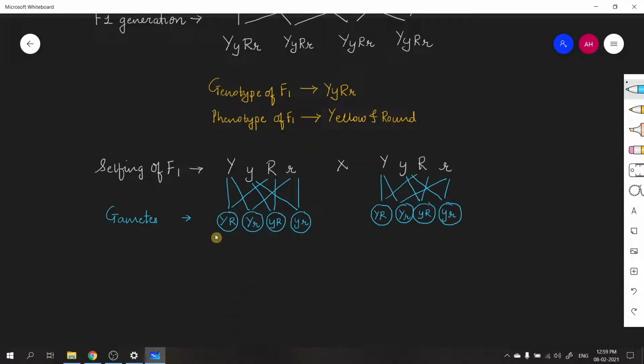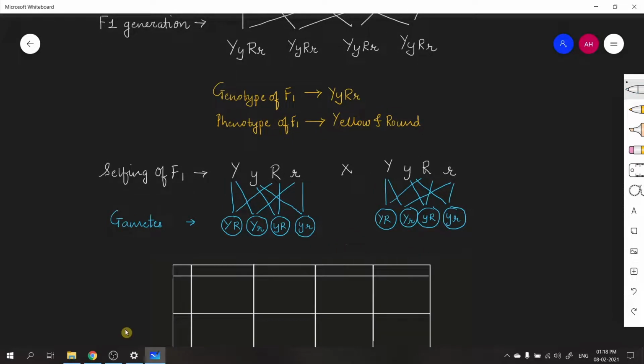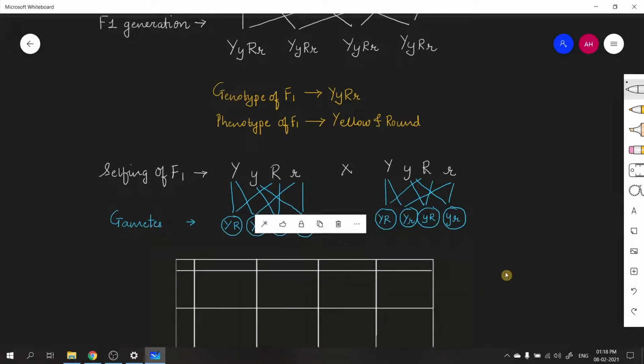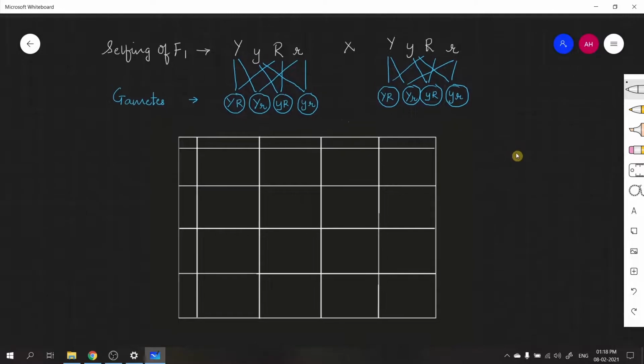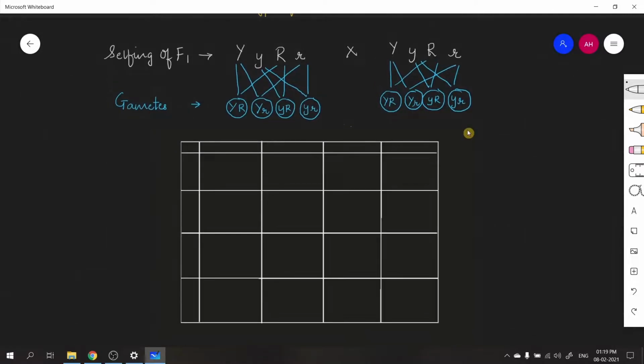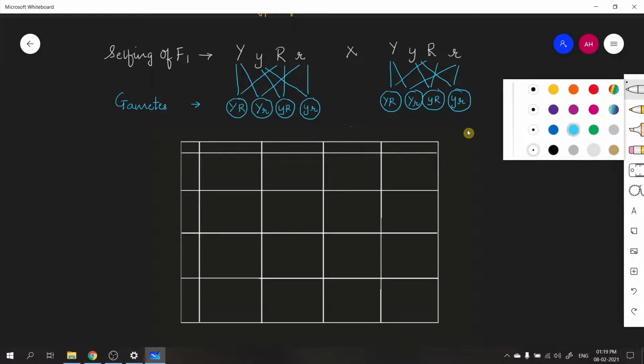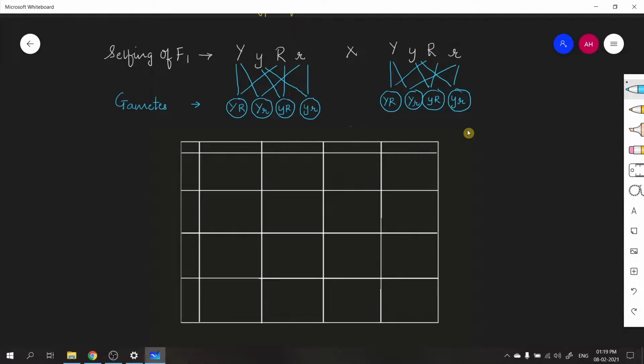Right. Now after writing the gametes, our next step will be to find out the F2 generation, which is the second filial generation. We will find that out based on the gametes. Let us now find out the F2 generation. I'm just gonna scroll this up. Alright. Now we will write down the gametes first in this Punnett square.